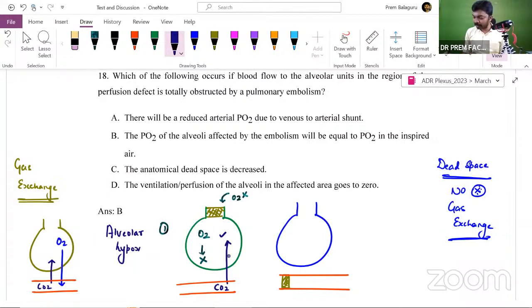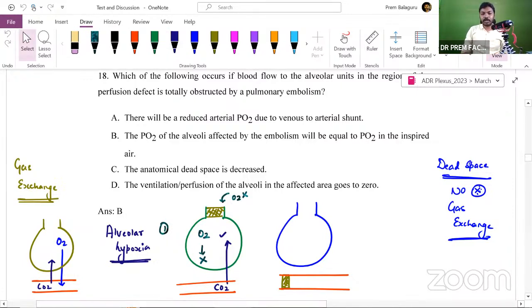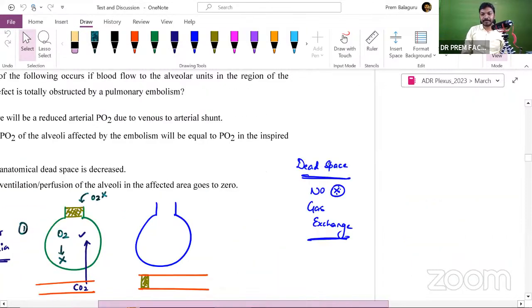One crucial point you need to understand here in this question is, when there is hypoxia everywhere in the body, brain, heart, liver, muscles, skin, wherever you take up, if oxygen level to a tissue is getting lesser and lesser, the vasculature for that tissue gets dilated. So everywhere in the body, hypoxia will cause vasodilatation.